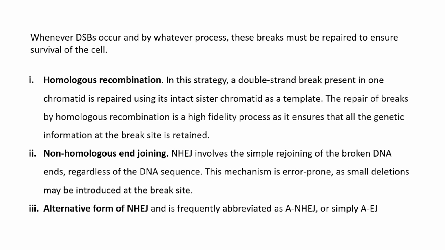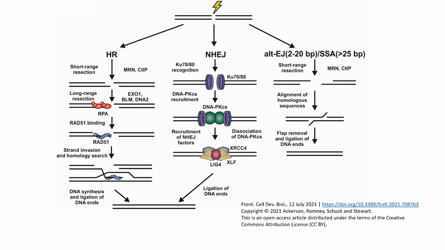There is a third form which is similar to the second form, and this is known as the alternative form of NHEJ, frequently abbreviated as ANHEJ, the A coming from the word alternative, or simply as AEJ. So, these are the three main DNA double strand break repair pathways.